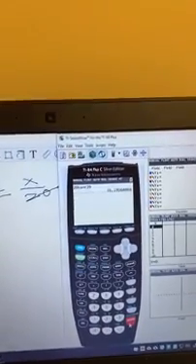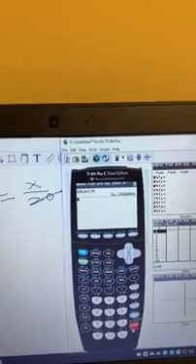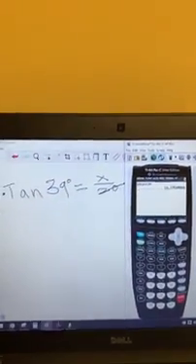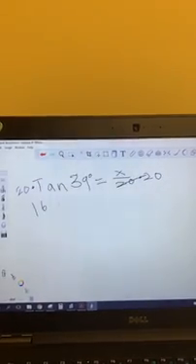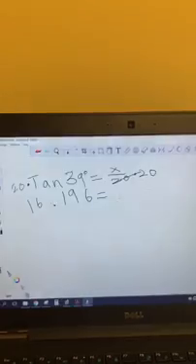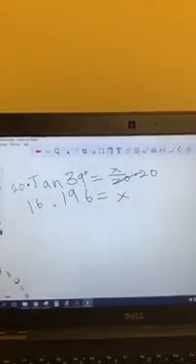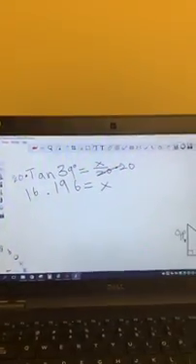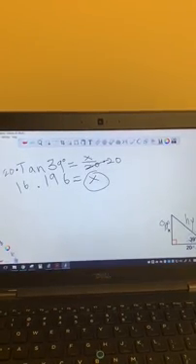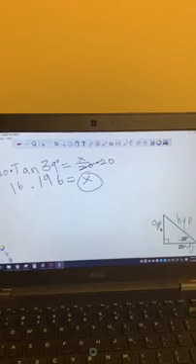If we do it to the third decimal place, it is 16.196. So 16.196 is equal to x, and that is how you find the missing length or side of x.